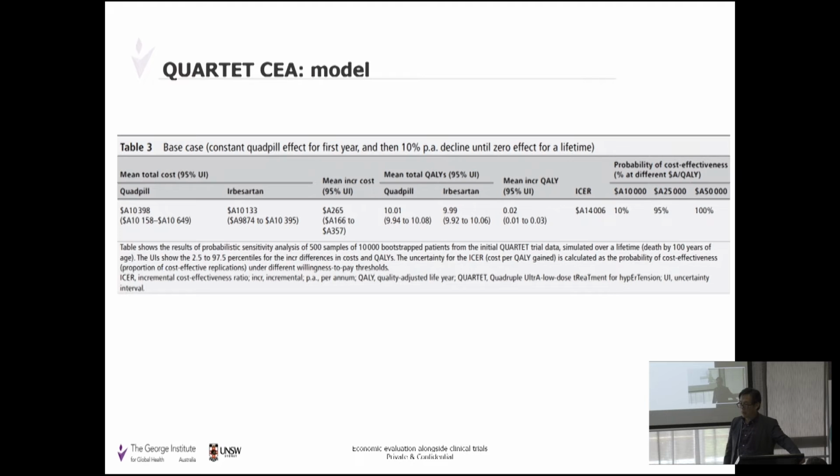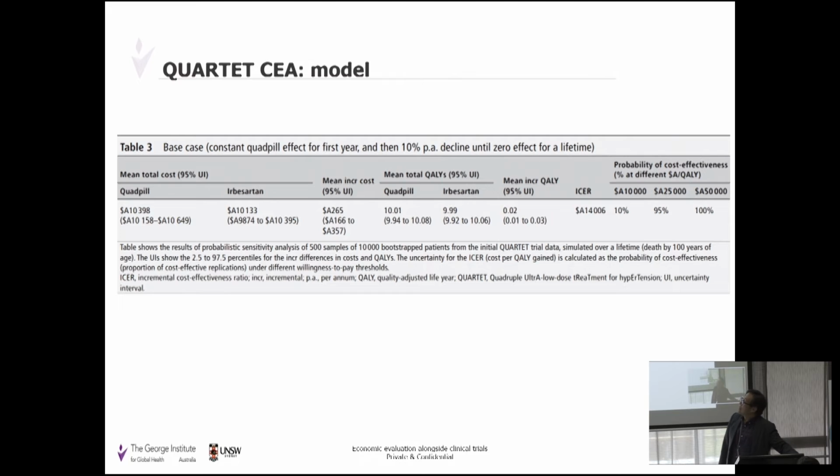In terms of what they found, it's interesting. If you look at the findings, quad pill versus irbesartan, which is, I guess, the standard treatment, there's not a hell of a lot of difference. It's a single blood pressure tablet.